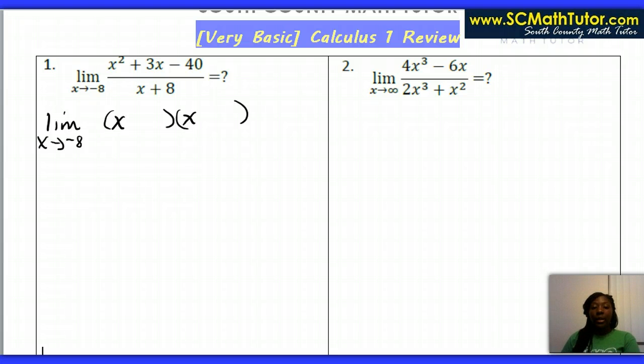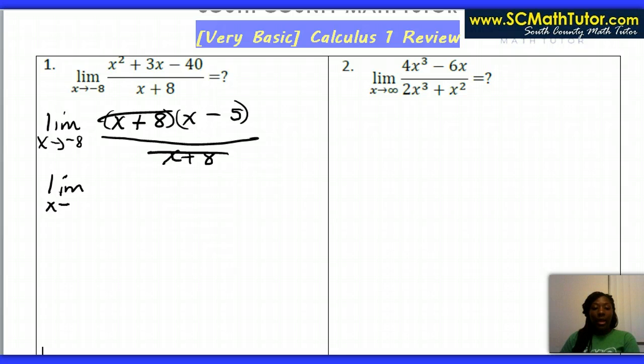You don't really need too many rules to do this. I know that 8 times 5 is 40, and positive 8 and -5 combined together will give me a positive 3. So those are the two numbers that I want to use. And look, it works out really well for me because these two cancel out. I can eliminate those two. Now I don't have that negative in the denominator, and I can just plug in -8 to find the limit.